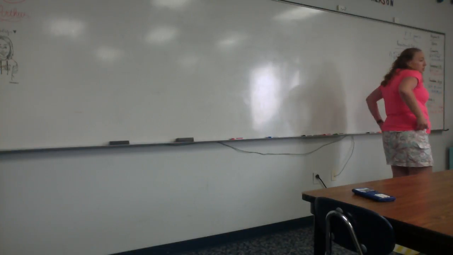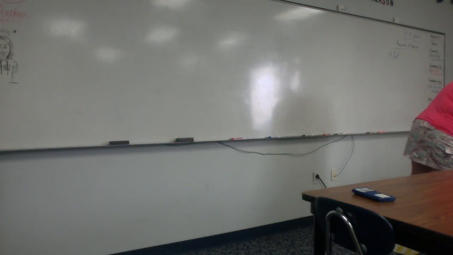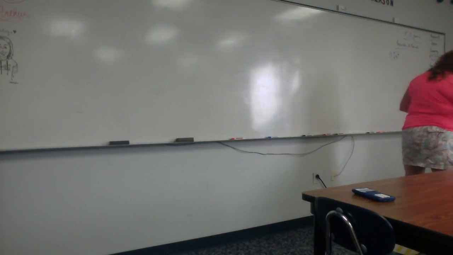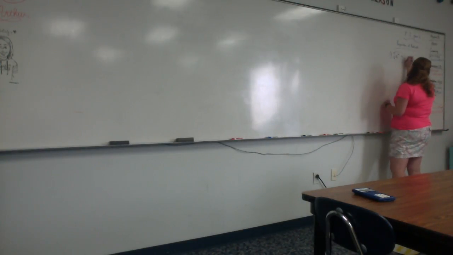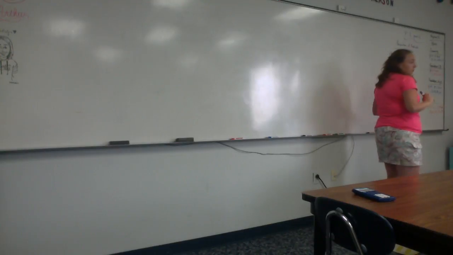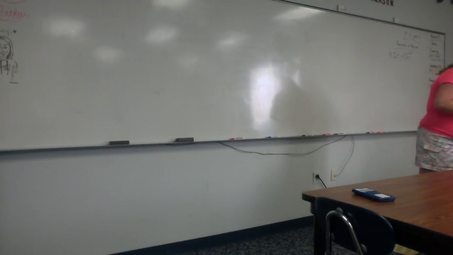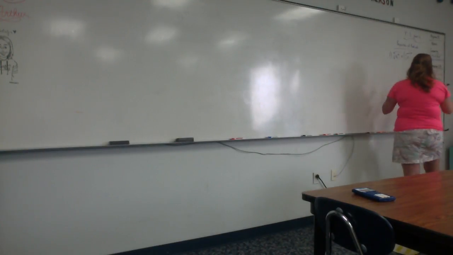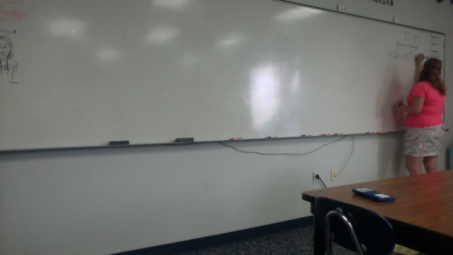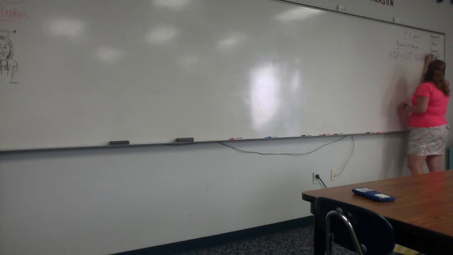Do you guys remember this at all? If I'm taking the nth root of a to the m, I'm going to break it down. What I'm going to do is take the nth root of a first, and then I can raise it to the m power. So if I have the cube root of 8 squared, I'm going to take the cube root of 8, and then I'm going to square it.